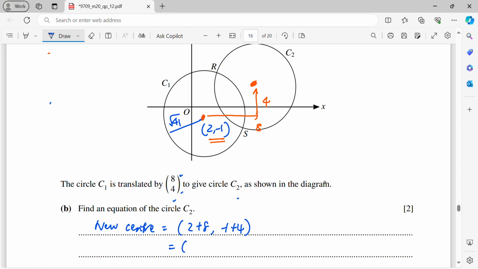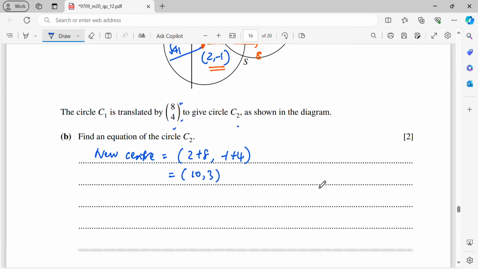That is going to be 10 and 3. But then the radius remains because it is the same circle. So my equation of C2, that is x minus 10 squared plus y minus 3 squared equals to 41.